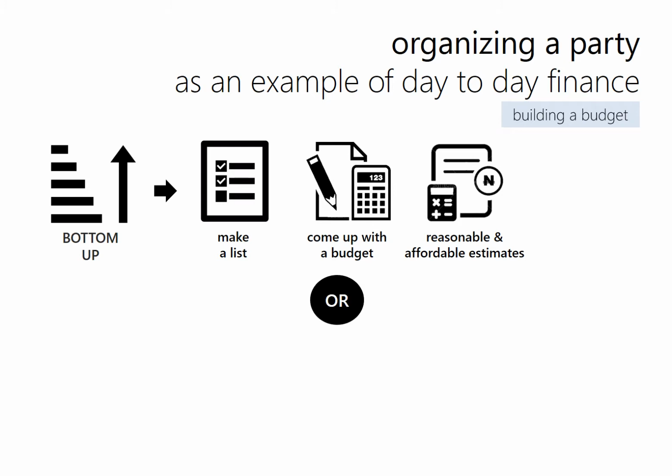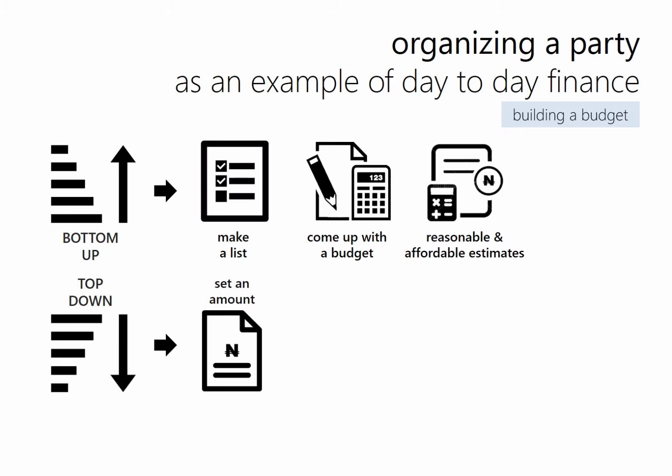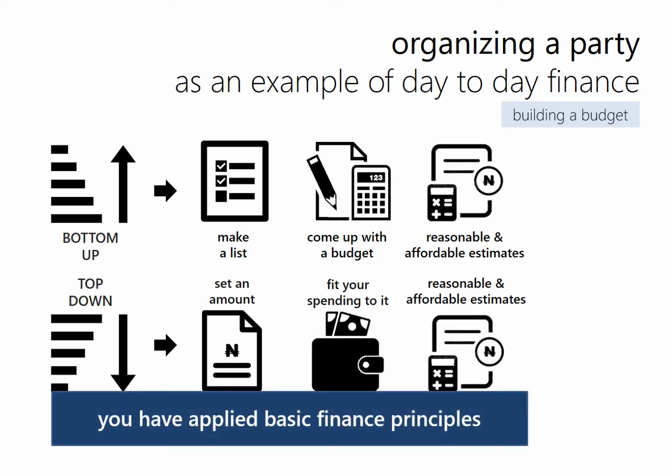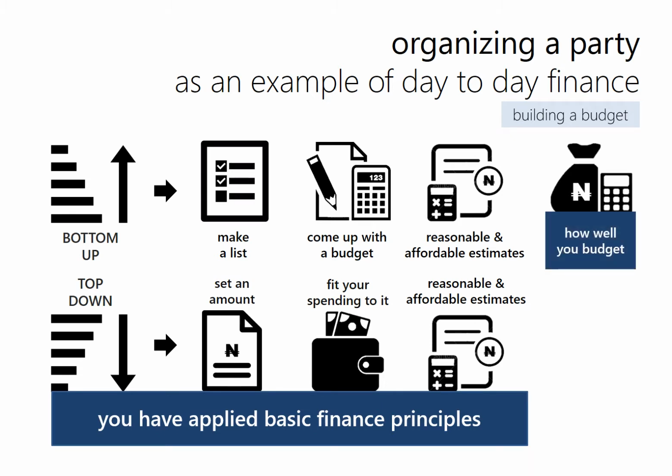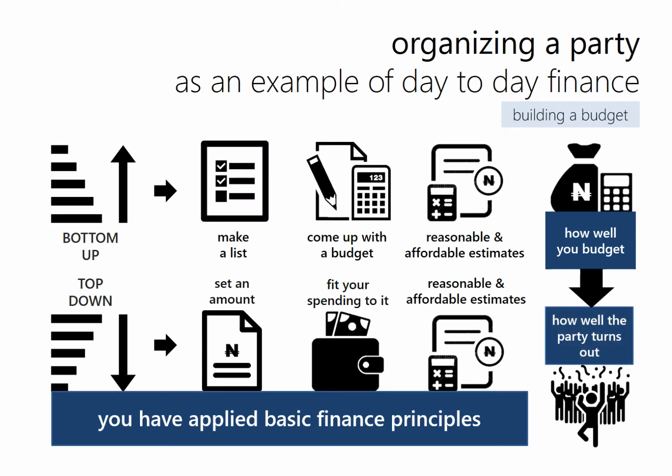Alternatively, you can build the budget top down, in which case you simply put together a budgeted amount and then ensure that you fit your spending to that budget. Either way, you're applying basic financial principles, and how effective you are at applying these principles will impact how effective or successful the party will be.